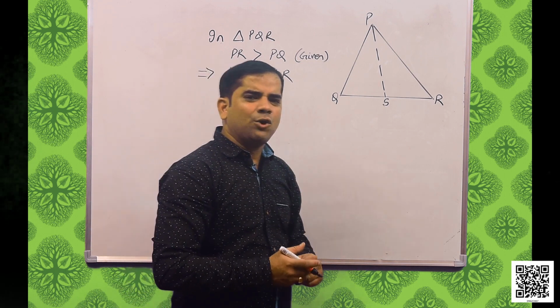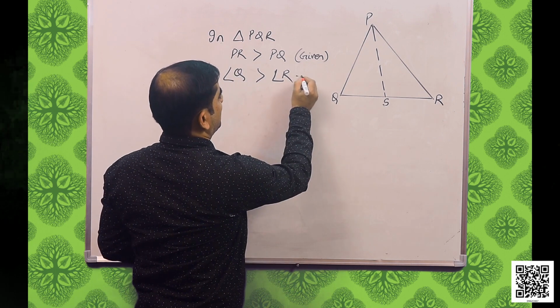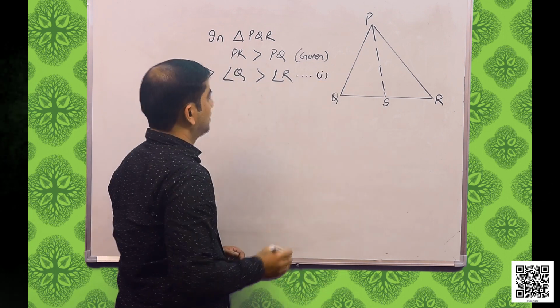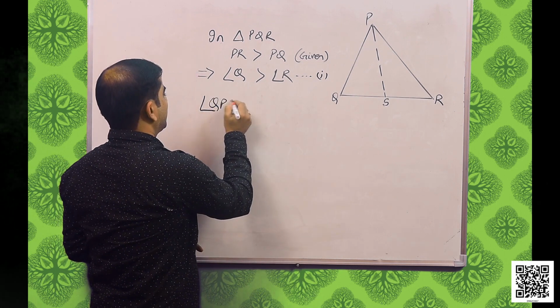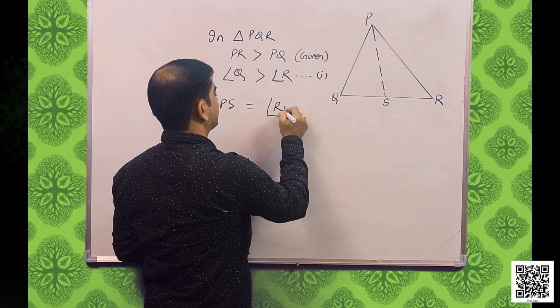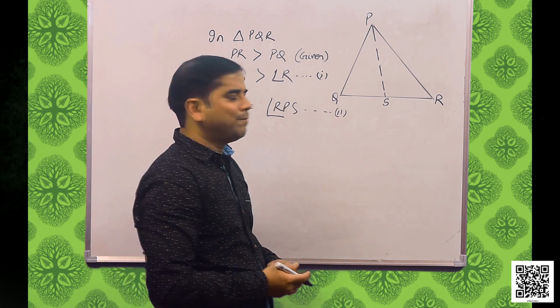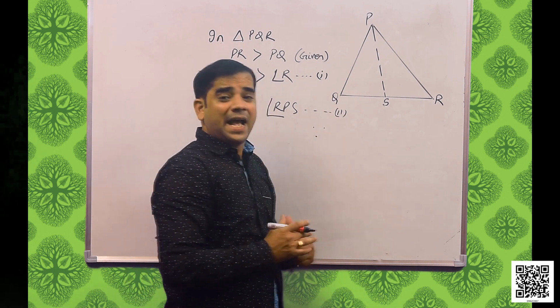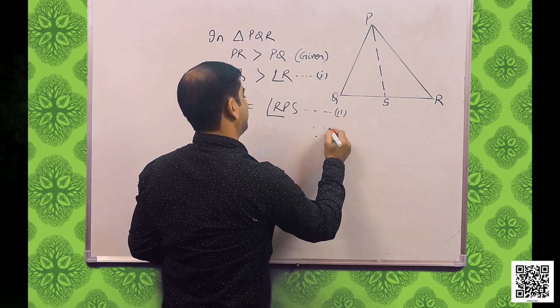Also, angle QPS is equal to angle RPS. Let me mark it as 2. Why? Because PS is the bisector of angle QPR.